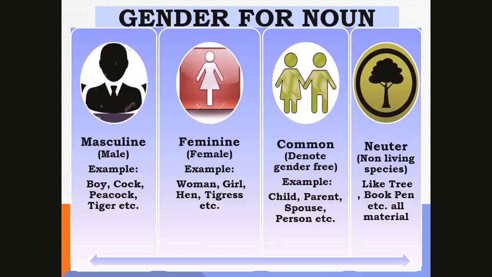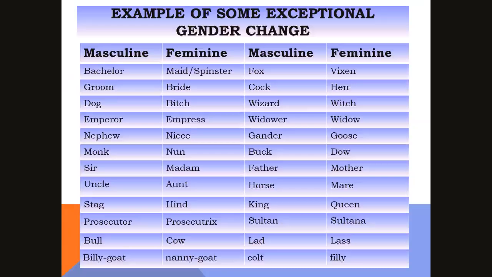Maybe the male child or female child, the male baby or female baby. Neuter. Neuter is mostly the non-living species like book, pen. And from the living species only tree can be considered as a neuter gender, because it's a language, it's not a science. So tree is considered a non-living species, and here tree is also a neuter gender.